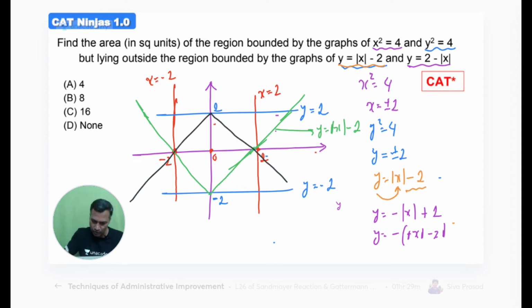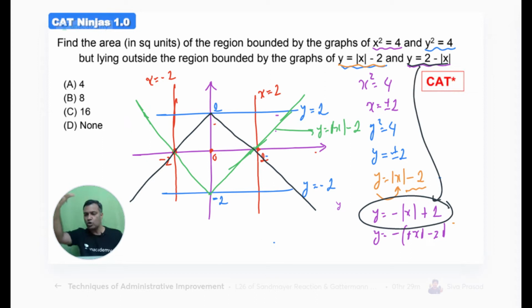Minus means now you are going backward. For y is equal to 2 minus mod x, you have to put it upside down. This equation can also be written as y is equal to minus of mod x minus 2.